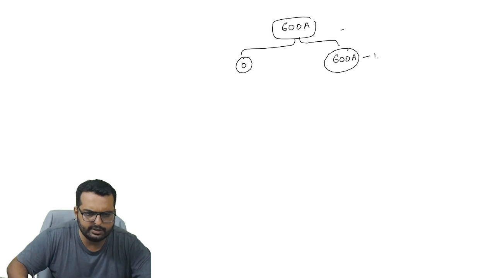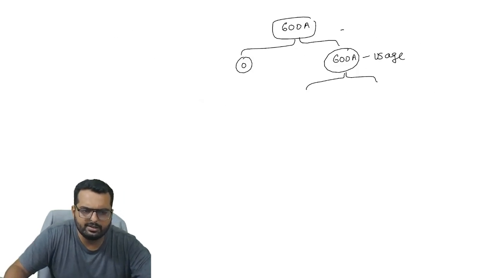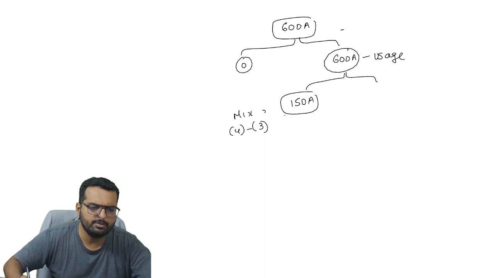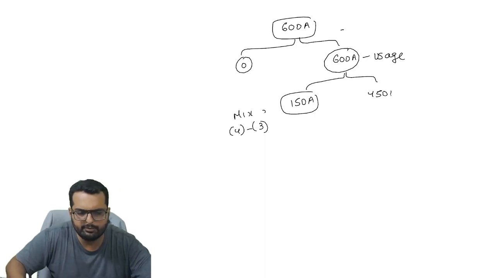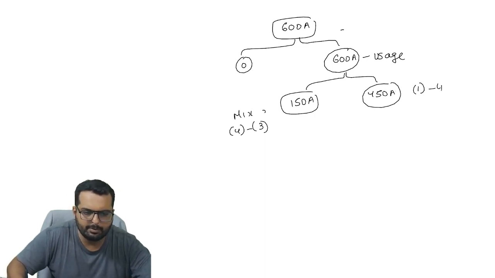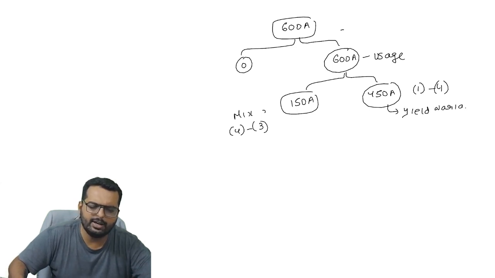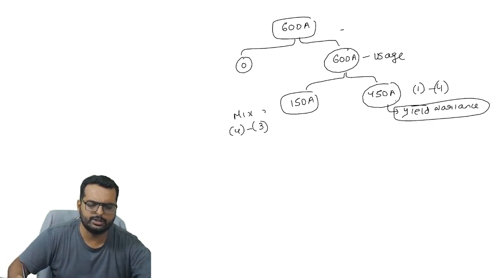This is your usage variance. Inside usage, due to incorrect mix, you are losing 150 adverse. This is called mix variance. And the remaining 450 adverse, that will be 1 minus 4, is what you call yield variance. Friends, the yield variance is having no logic. All right?